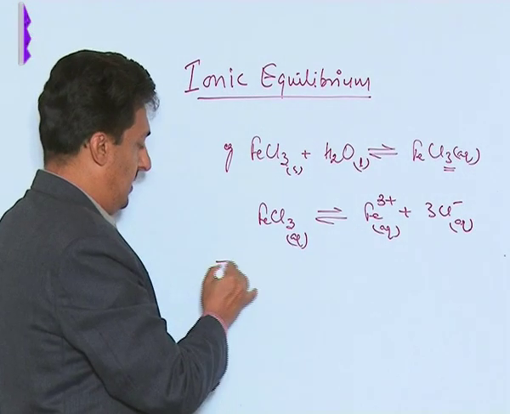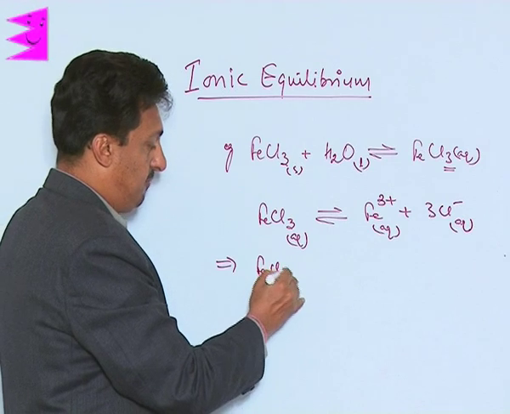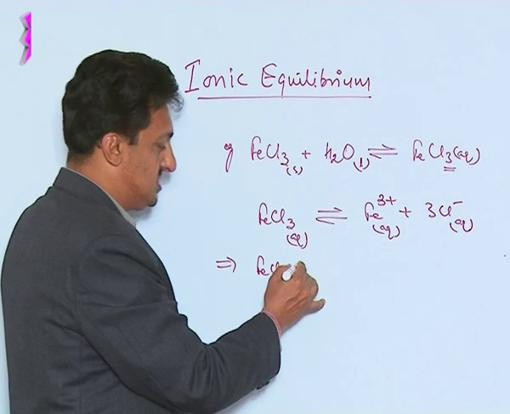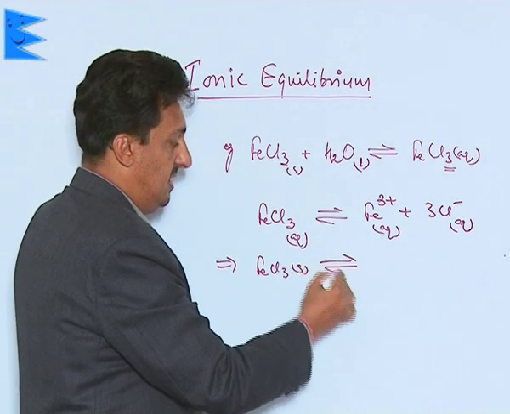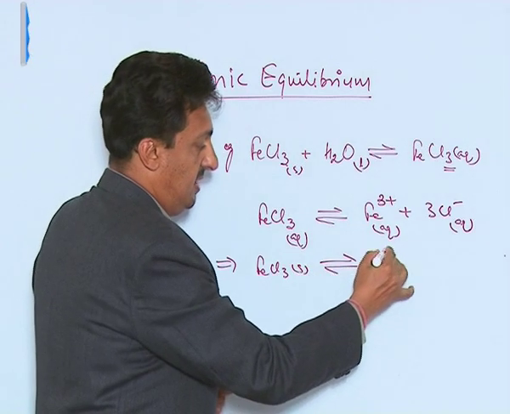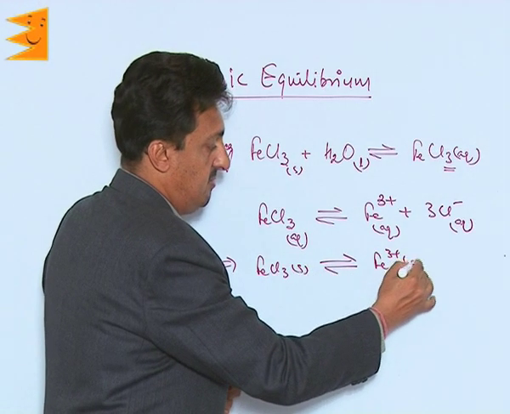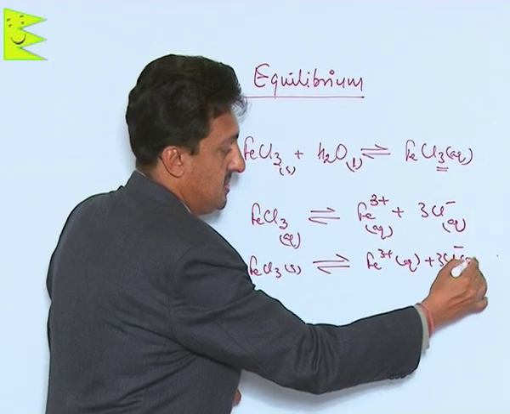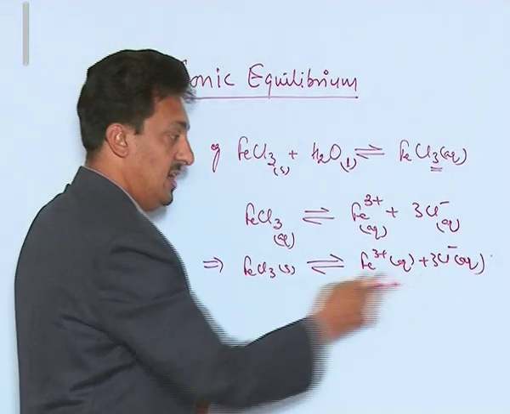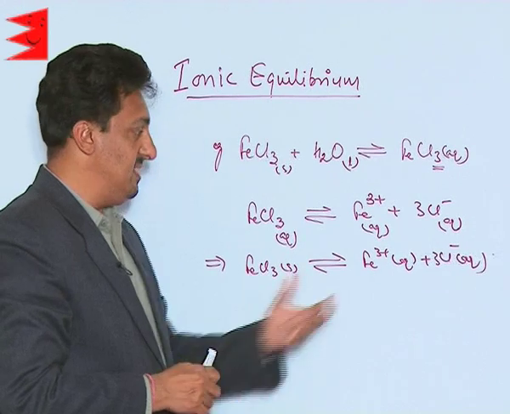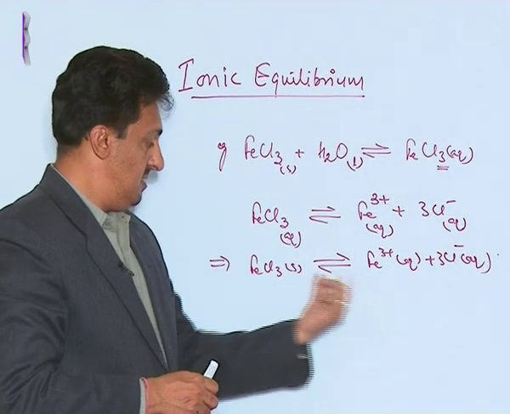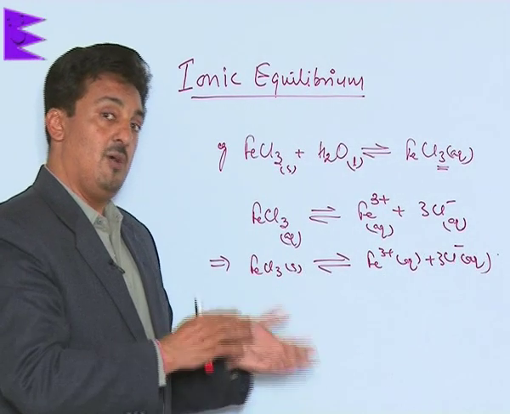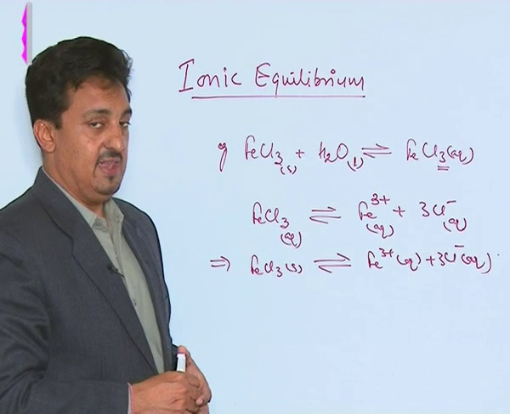The moment we put this FeCl3 solid in water, it gets converted to ferric aqueous and chloride aqueous, and this kind of an equilibrium which exists between the ions and the compound or among the ions is called ionic equilibrium.